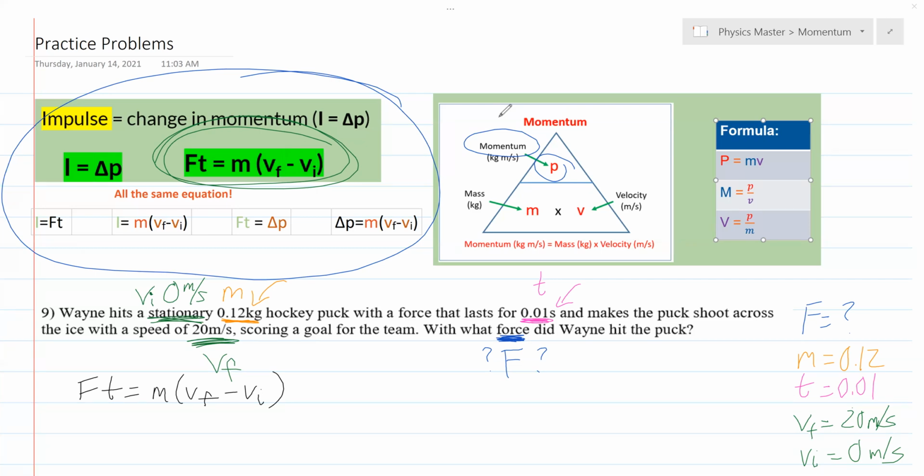Leo, did we have a number for F? No, didn't have a number for F. Naya, did we have a number for T? Yep, 0.01. So I'm gonna write it in first, then we can go back and use our calculator because we got it set up. Equal to something times something minus something.